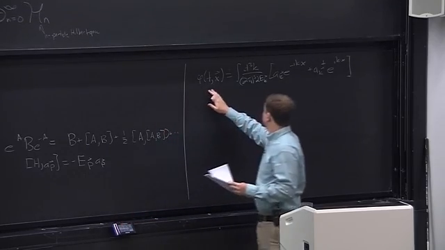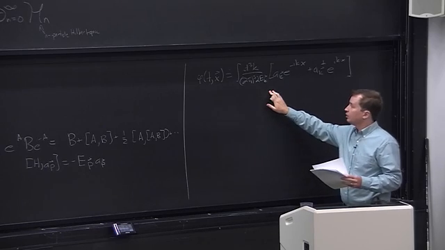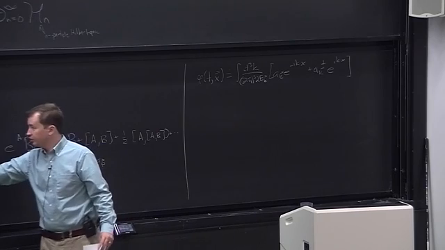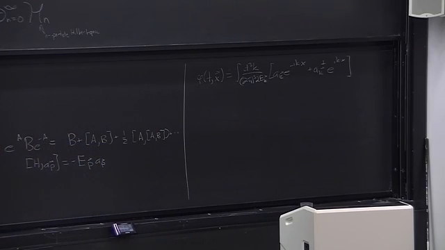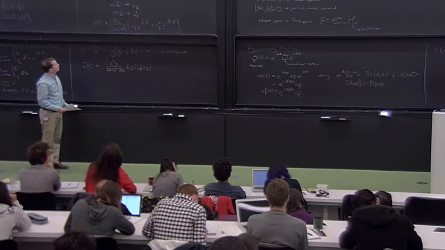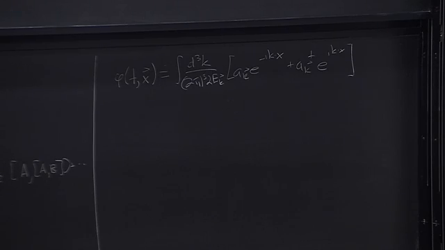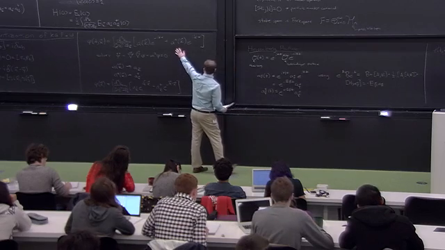So if we just plug these expressions into our expression for the Schrodinger picture field operator, we basically get back the time dependence we started with.